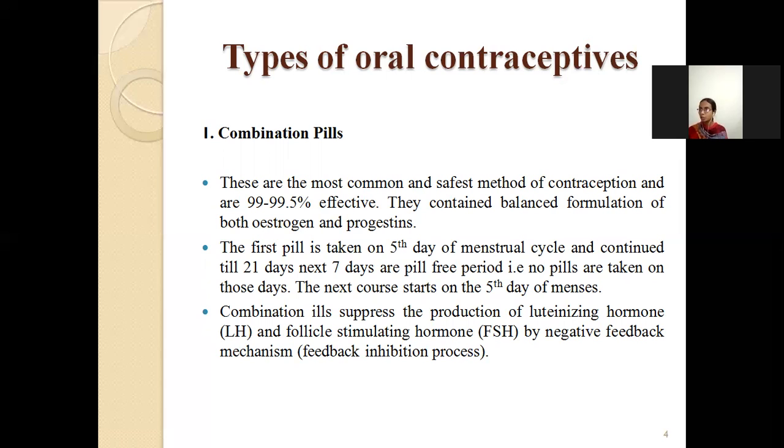What will it do? It will suppress some of the hormones responsible for causing pregnancy. What will they suppress? It will suppress the LH, meaning luteinizing hormone, and follicle stimulating hormone, which in short we call FSH.